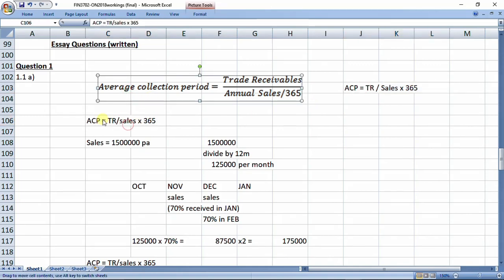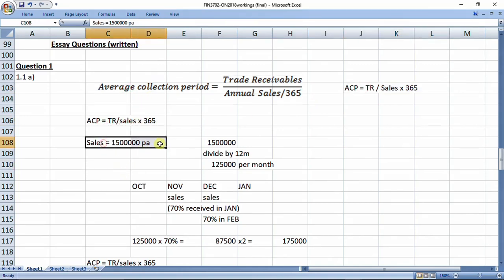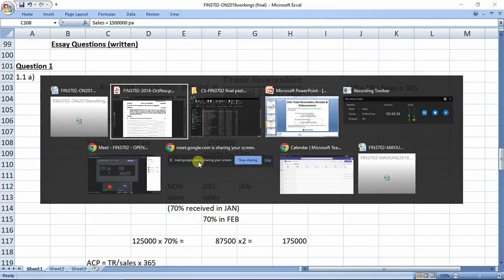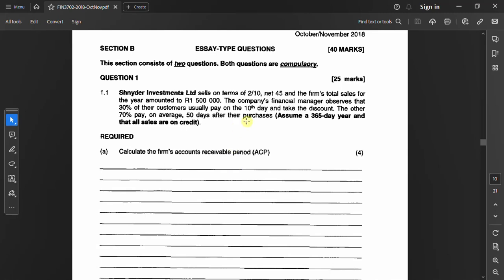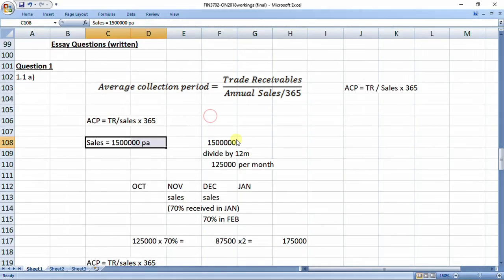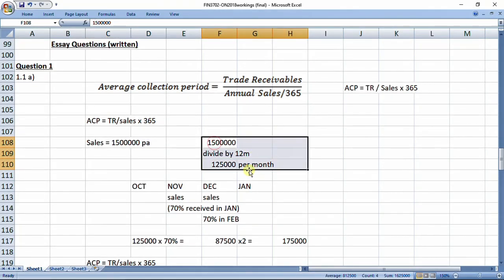All right, so let's go to the answer and let me show you what I did. This is the long question, eh? Here, this one. Okay, there you go. Let's make it bigger so you can see it. Right, question 1. Notice I've got a formula for average collection period. Remember, equations are important. You've seen them before. It doesn't really matter how you write this down.